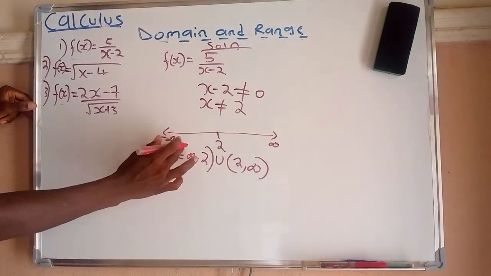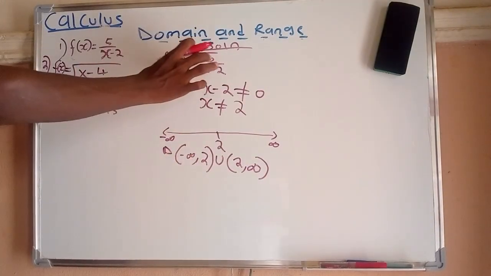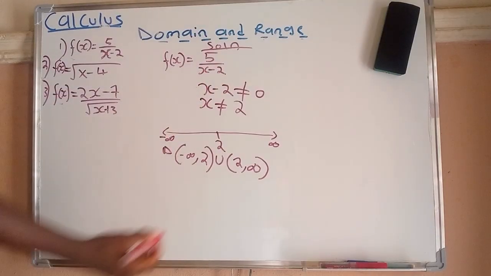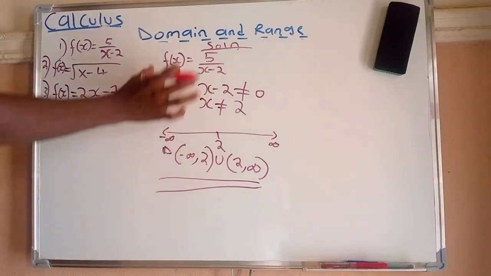So this is the domain of f of x equals 5 over x minus 2 in interval form. This is the solution of this question.